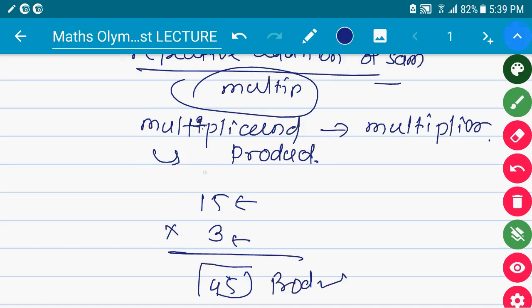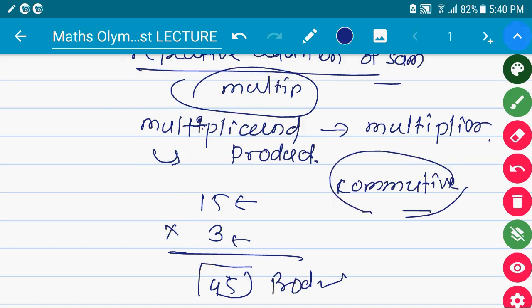Now multiplication follows the commutative property, meaning if two numbers are in multiplication, we can change their order. It follows the associative property, meaning if three or more numbers are in multiplication, we can change the order and the result remains the same.